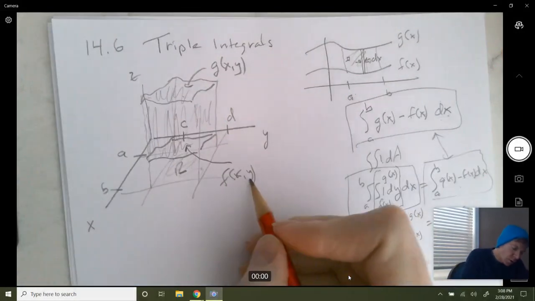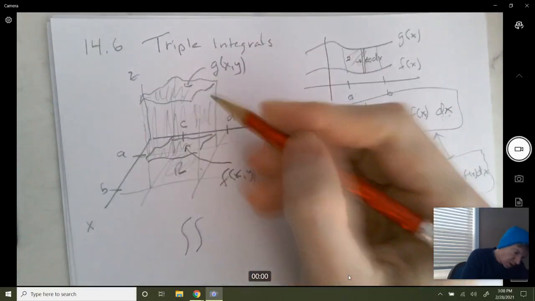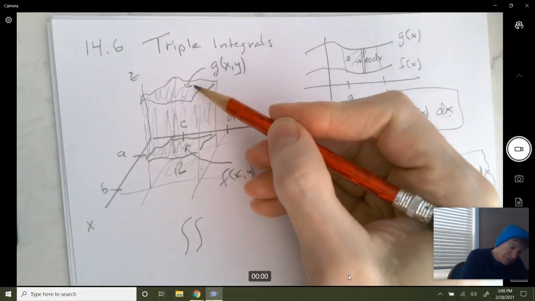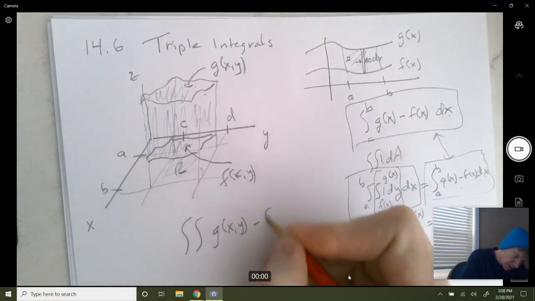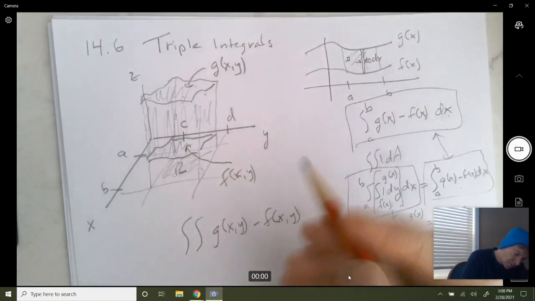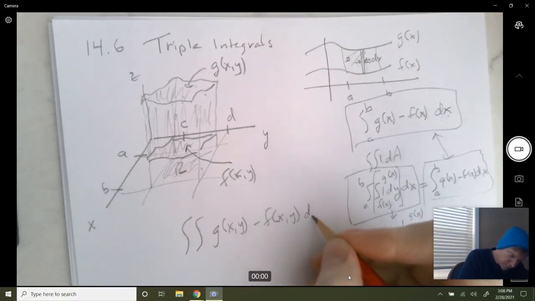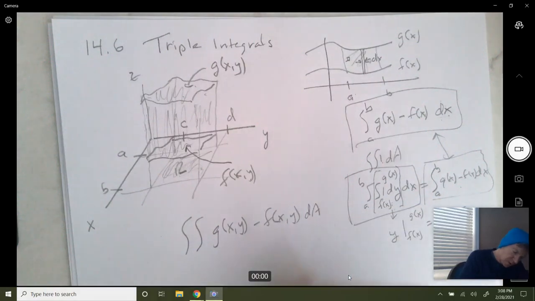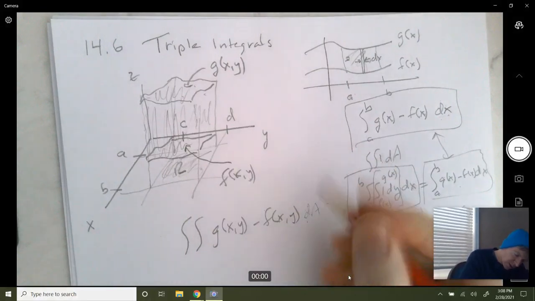We can do that with a double integral: the double integral of the top surface minus the bottom surface, so g of x, y minus f of x, y, over your entire region down here, times your dA. And if we call that dA, actually let's call it a dx dy.